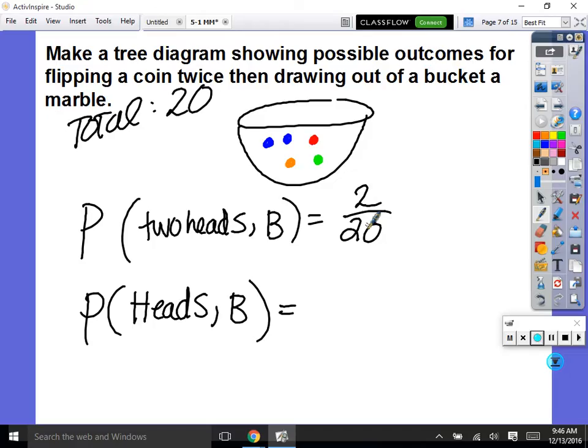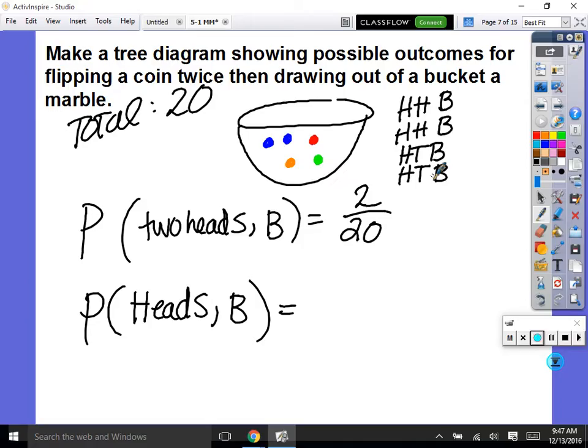So we have this possibility: heads, heads, then blue. And that happens twice, right? Then we could get heads, tails, then blue, and heads, tails, then blue again. Then that's it for that part. Go on to tails.